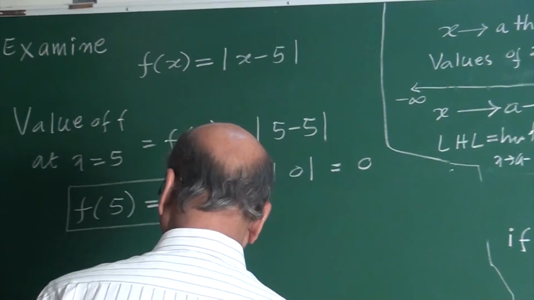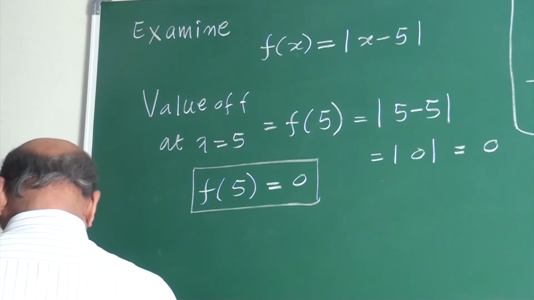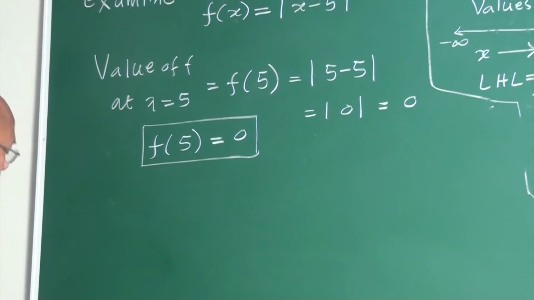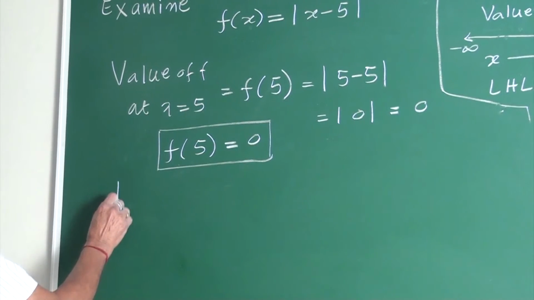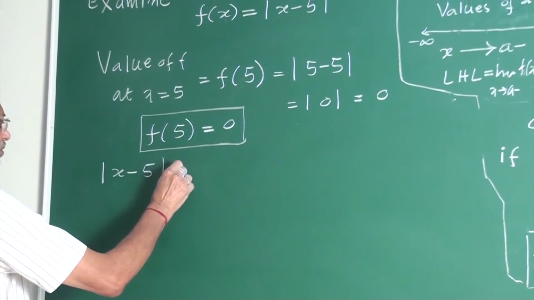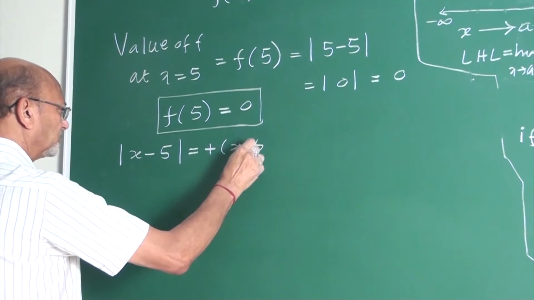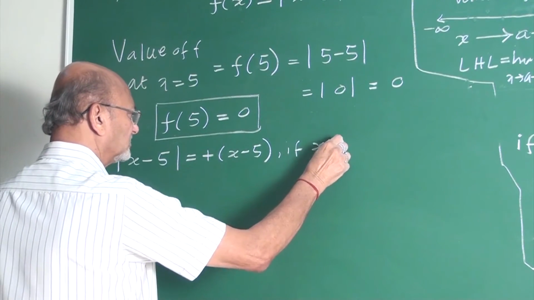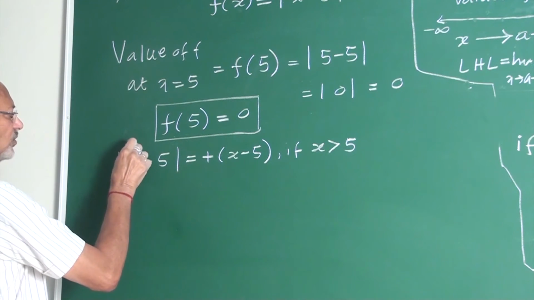Yes, my friend. I write first LHL. Mod of x minus 5 equal to plus x minus 5 if x is greater than 5. Greater than 5 means what? It is 5.5.